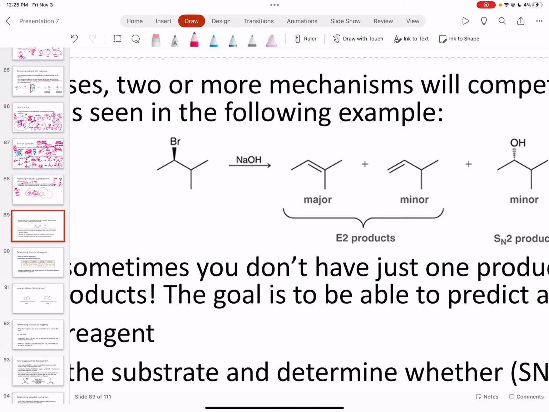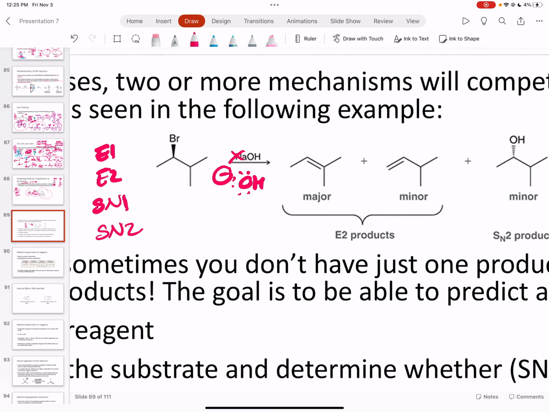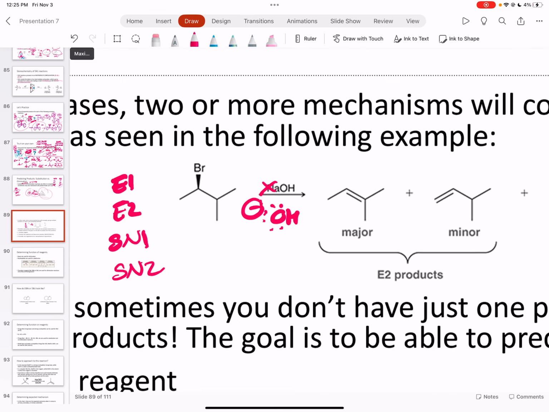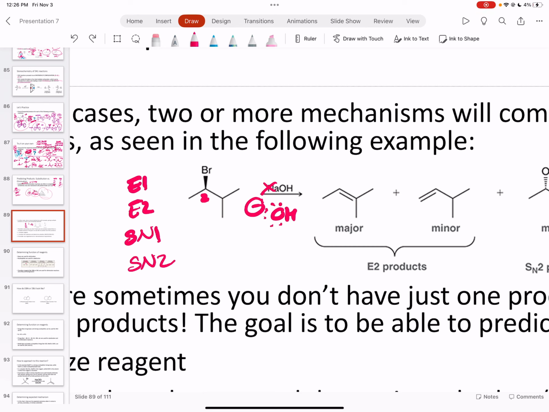So again, we have as spectators our OH negative. So we have E1, E2, SN1, and SN2. Luckily this one is a secondary, which is quite nice.